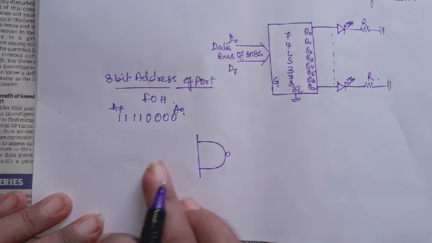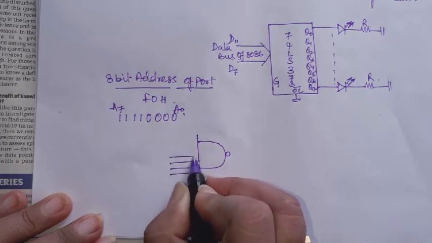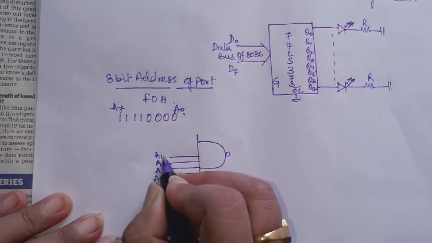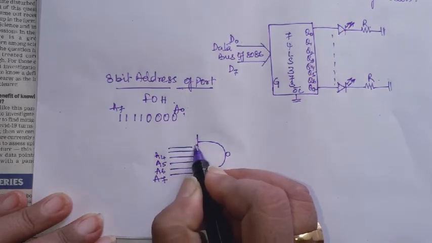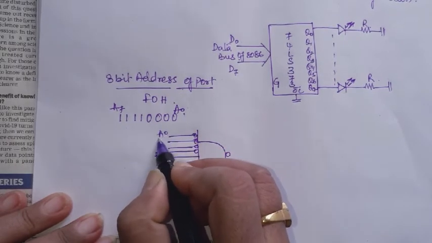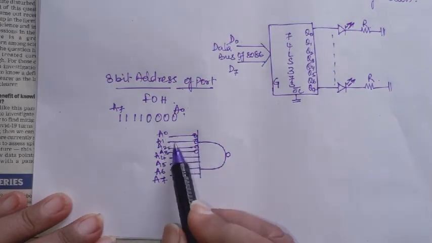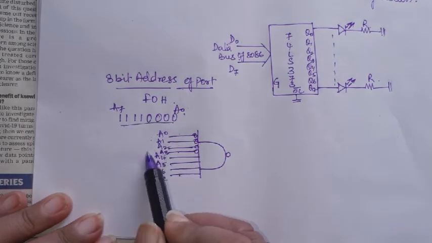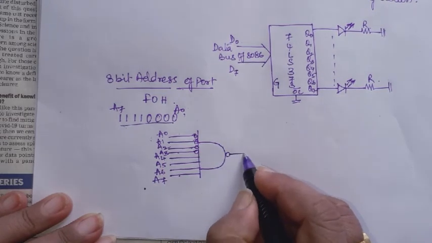Already A7, A6, A5, A4 are all high, and A0, A1, A2, A3 are all low, so with an inverter I give these. When these 4 are low and these 4 are high, that means if this address is present on these lines, all the inputs to this NAND gate will be high, so the output will be low.